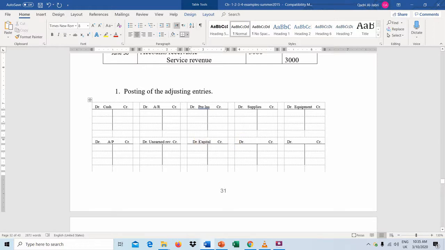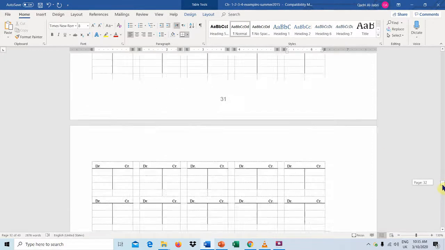And the next one called service revenue. We have also salaries expense. Finally, we have rent expense.